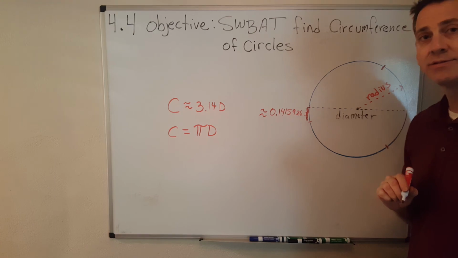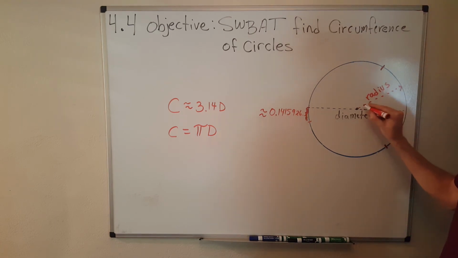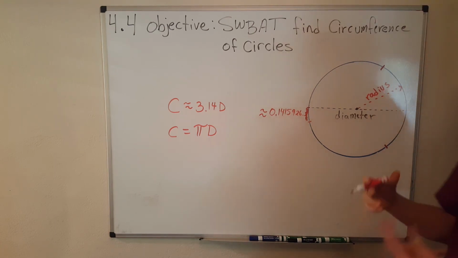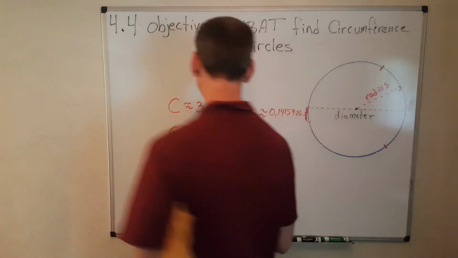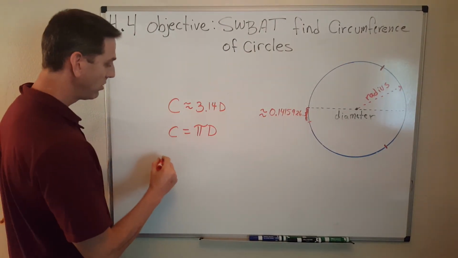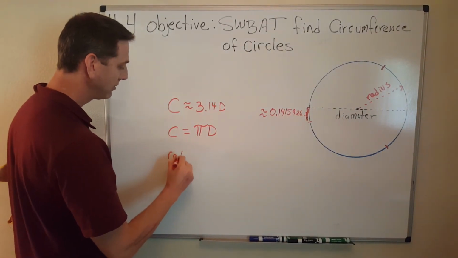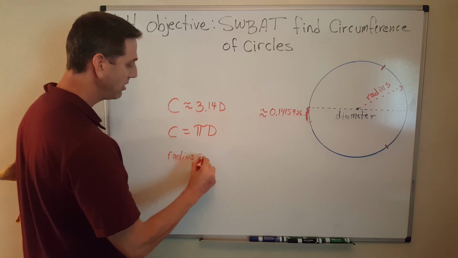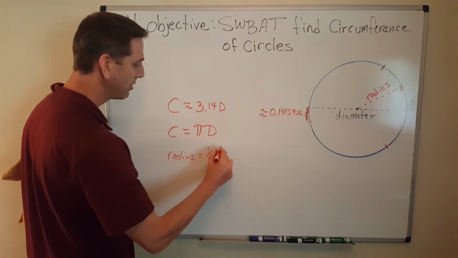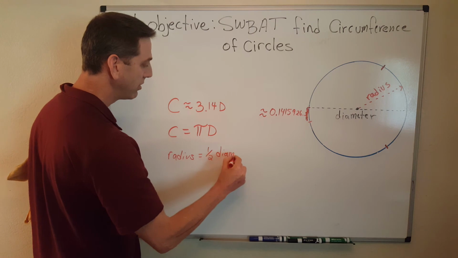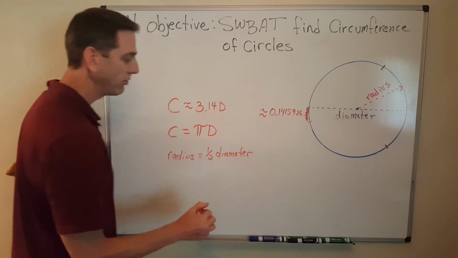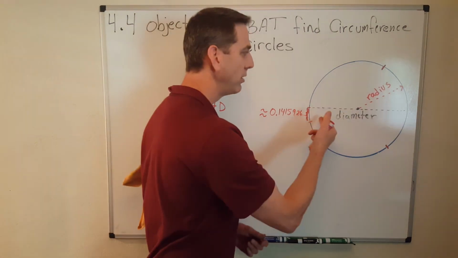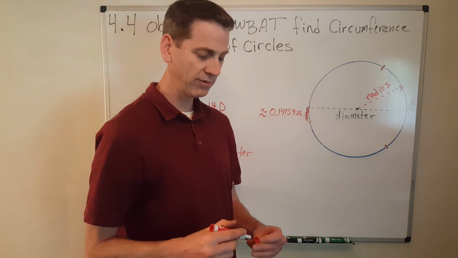Notice that the radius is just half of a diameter. So the radius is 1/2 the diameter. Also, I could say that the diameter is 2 times the radius.